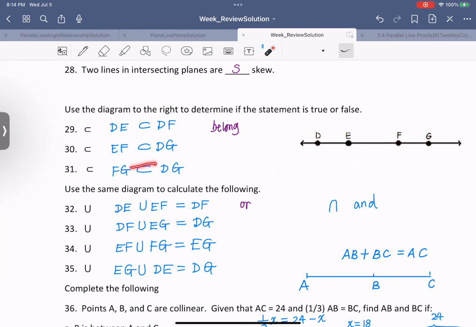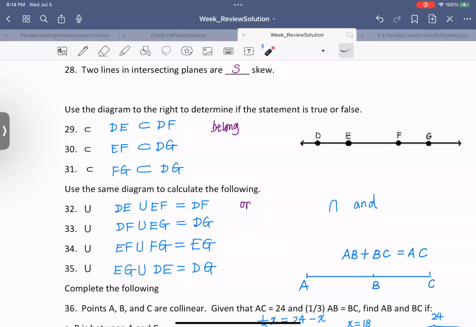This is called belong. And next, this is called or. You can also see this as union. If you say DE or EF, DE or EF is going to equal DF.